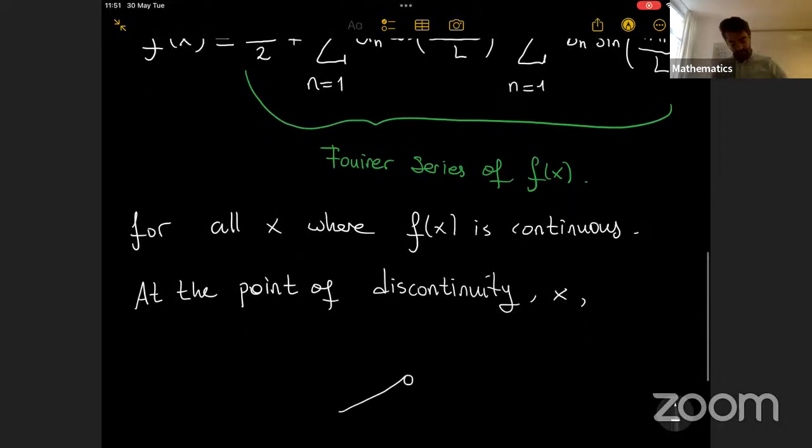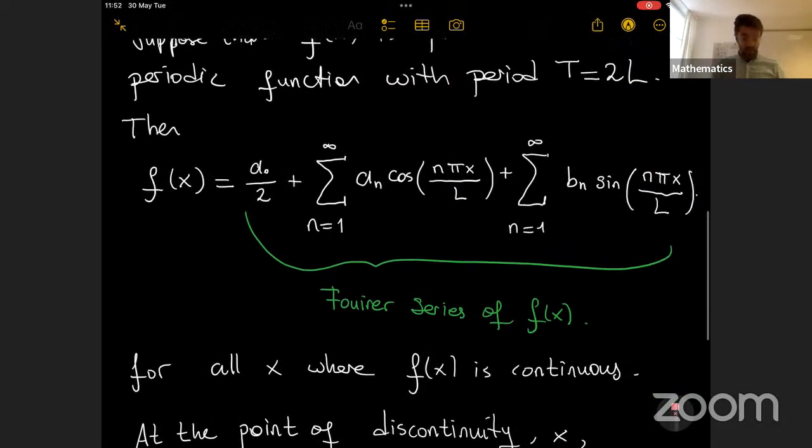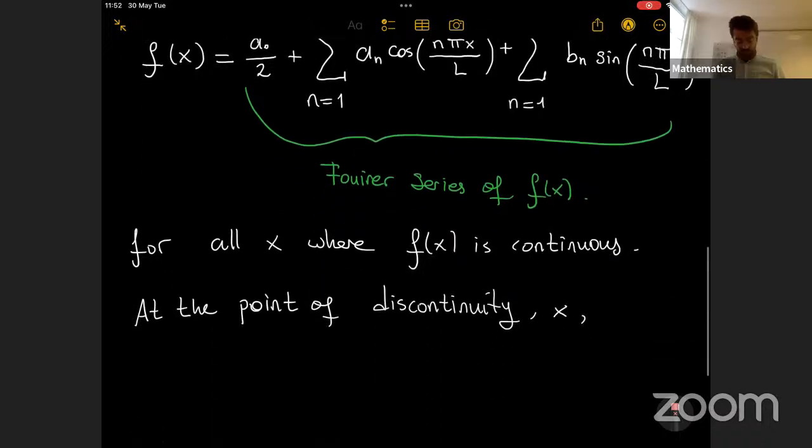Each piece is continuous, so at least we have a right limit and a left limit, but at some point we may have a discontinuity, we may have a jump. And at such a point, a similar equation holds, but on the left-hand side, instead of f of x, we will have the following.